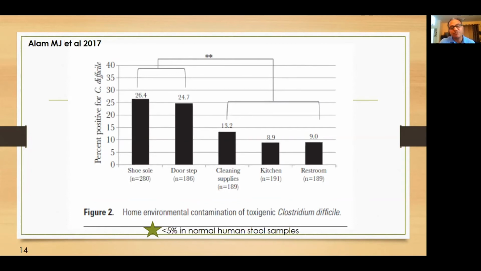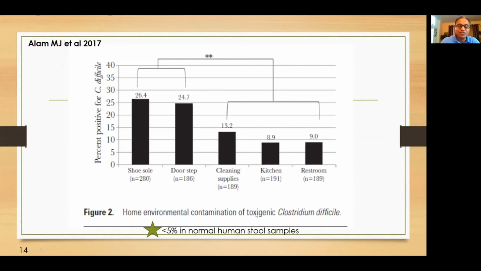So our house environment is also a good source of C. difficile pathogen, and we can get infection from these sources, or we can be colonized and later get infection from these household environments or park environments, or even from commercial stores.